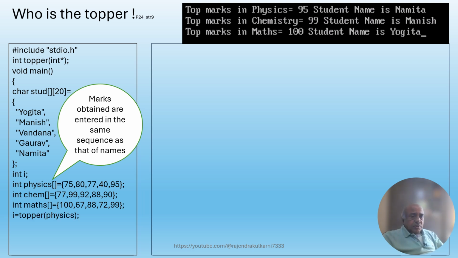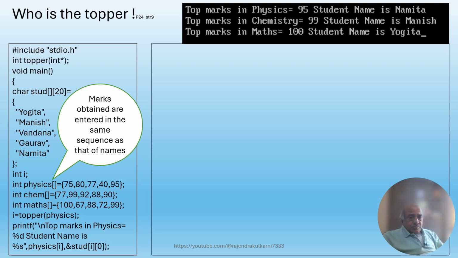Then we call the function i is equal to topper, and into the bracket physics. What this call says is that the function topper is being called, and to this function we are sending the address of the array physics.